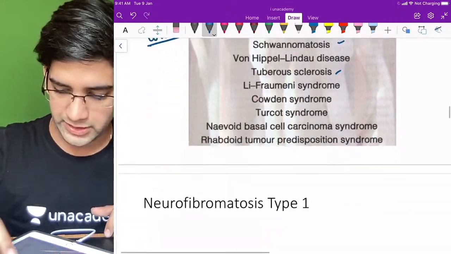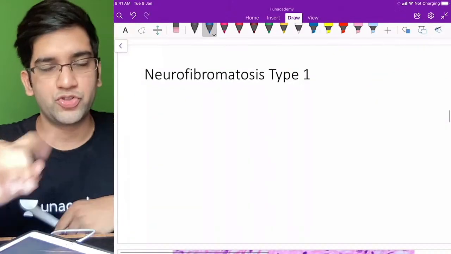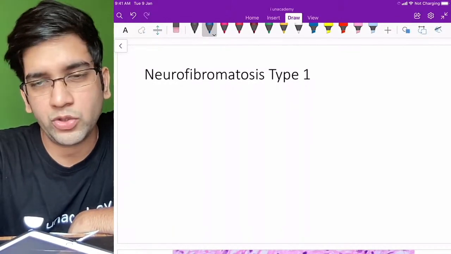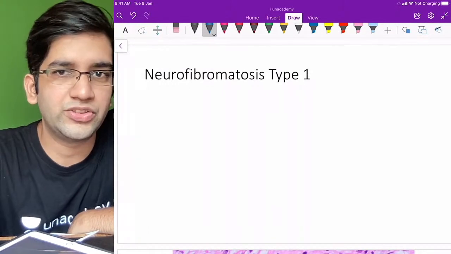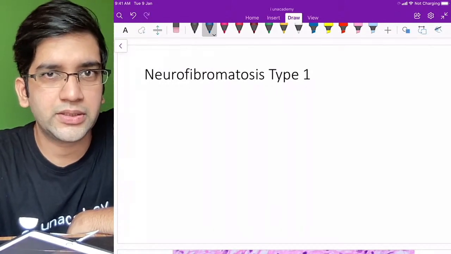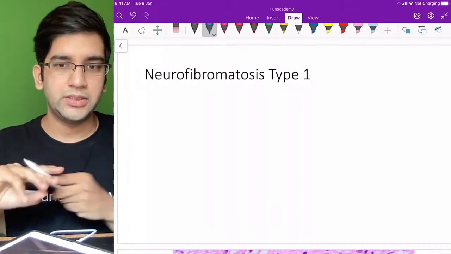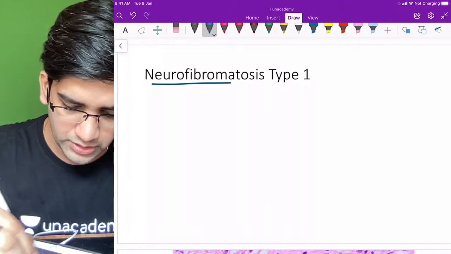Okay, so let's start. The first one we're going to see is neurofibromatosis. I'll have a quick look at the pathogenesis first, then we'll go to the criteria, and then how to diagnose them on microscopy. What do you think is the gene mutated in neurofibromatosis? I'm sure you must know the chromosome and gene.